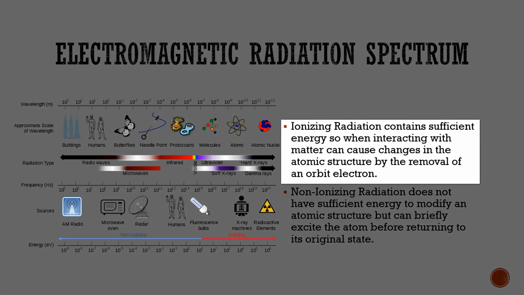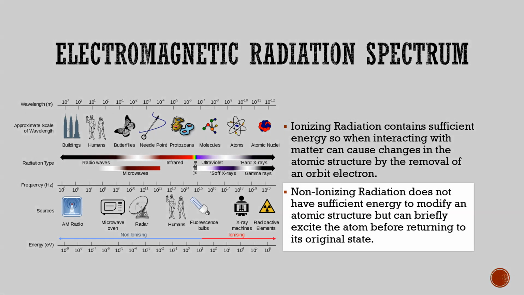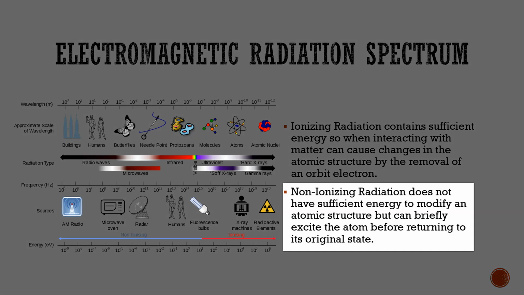Simply put, ionizing radiation is radiation that contains sufficient energy so that, when interacting with matter, it can cause changes in the atomic structure by the removal of one or more orbital electrons. On the other hand, non-ionizing radiation does not have sufficient energy to modify the atomic structure. However, it can briefly excite the atom, but eventually it will return to its original state.